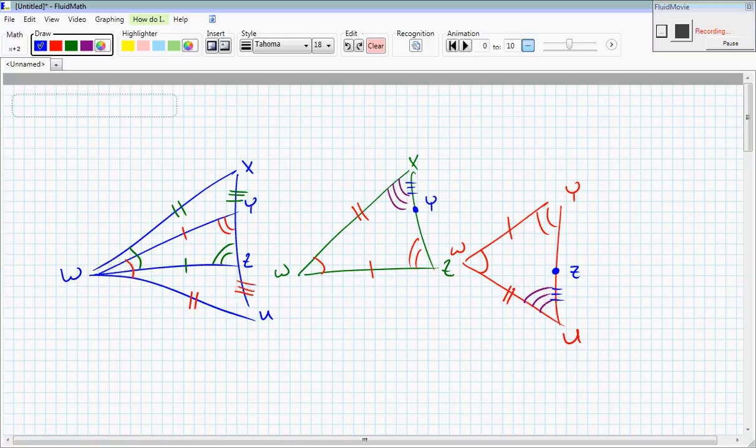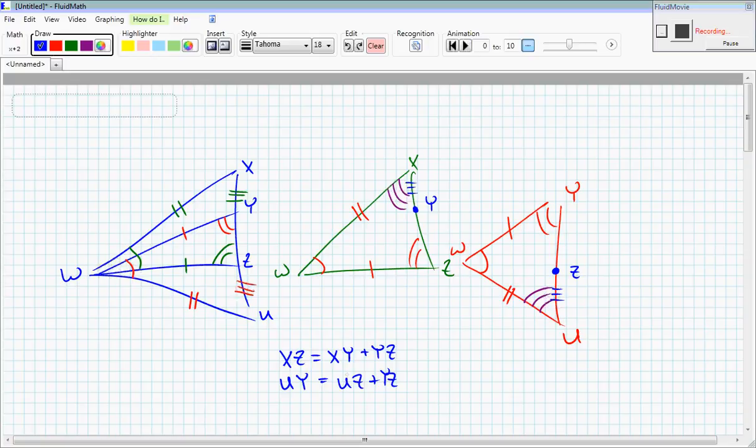Now, by segment addition, XZ is equal to XY plus YZ. And over here, UY is equal to UZ plus YZ. Now again, these parts are the same.